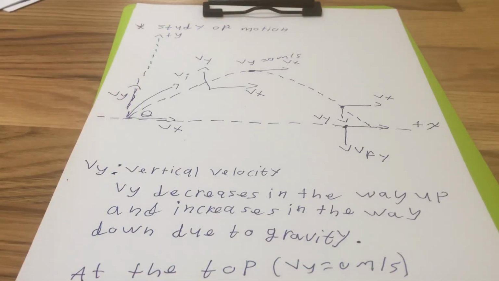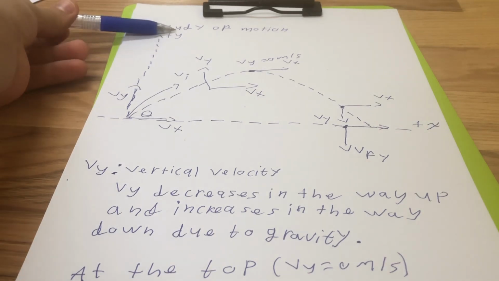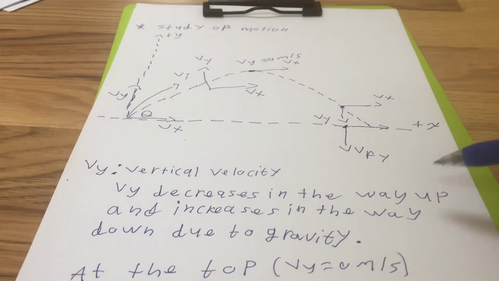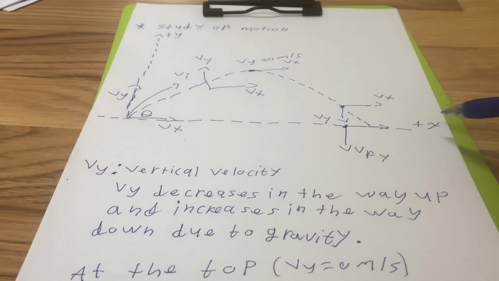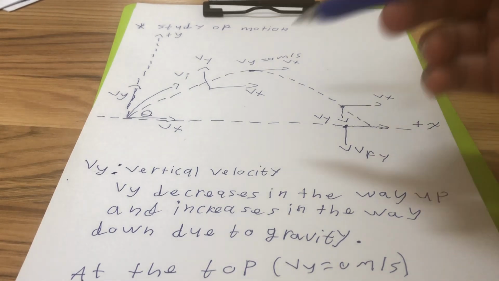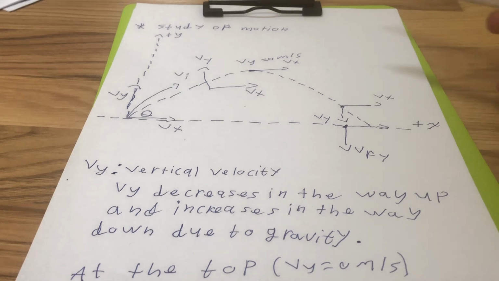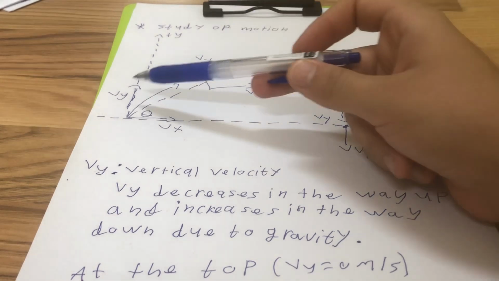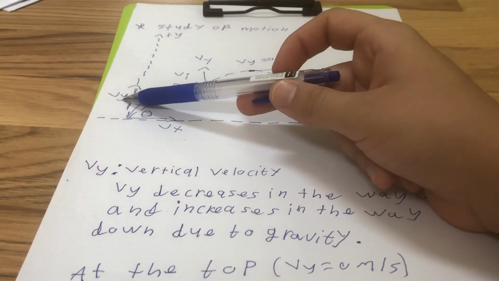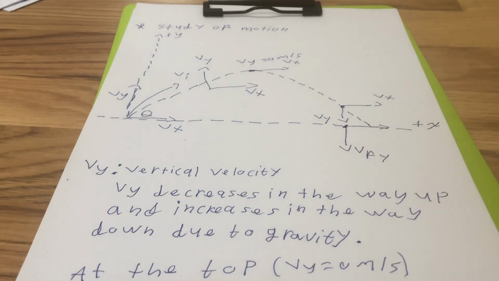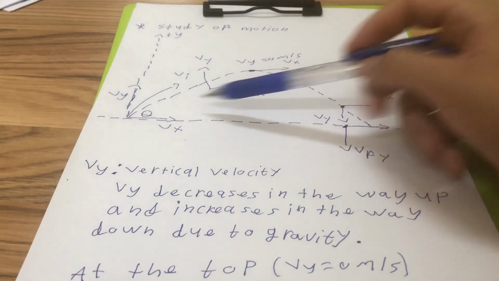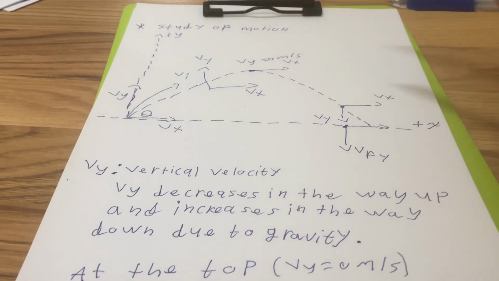Study of motion. Here, as you can see, there is a projectile motion with the positive y-axis and with a positive x-axis. Vy means vertical velocity, and those are components, vector components.